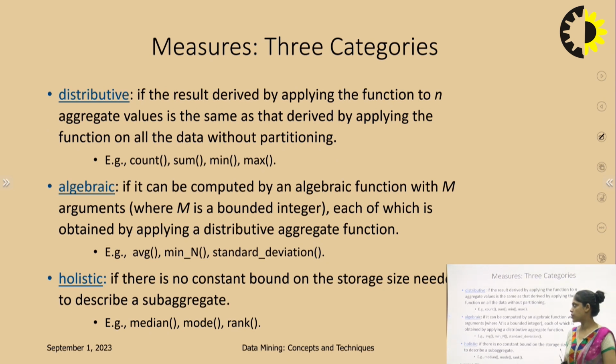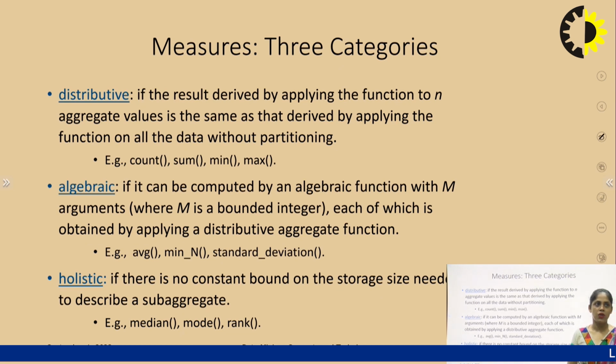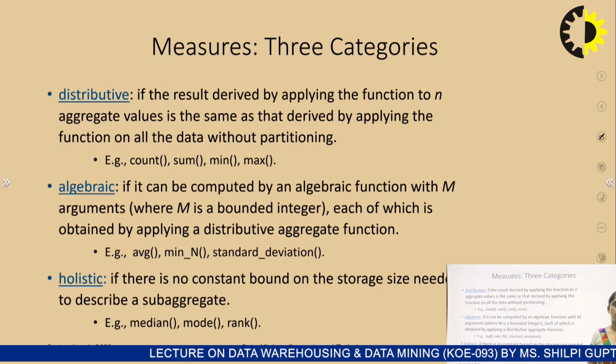This is distributive, algebraic, and holistic. In distributive, the result derived by applying the function to n aggregate values is the same as that derived by applying the function on all the data without partitioning. For example, the count function, sum function, minimum, max function, etc. Algebraic, if it can be computed by an algebraic function with m arguments, each of which is obtained by applying a distributive aggregate function.